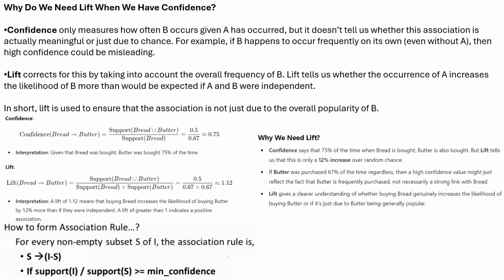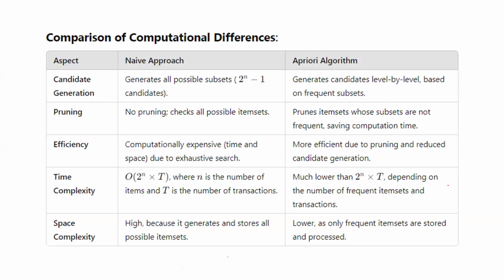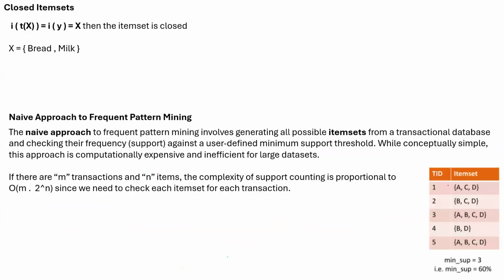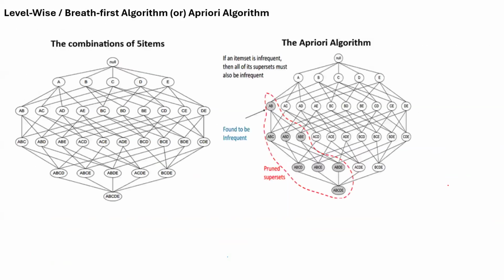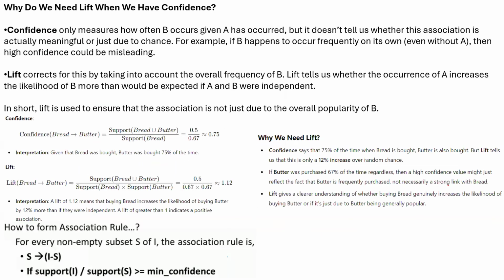From my a priori algorithm, or the naive approach, what I have got is the item sets. Let's suppose I got ABC as my frequent item set, which is the output of the a priori or the naive approach. How do I derive association rules for this?